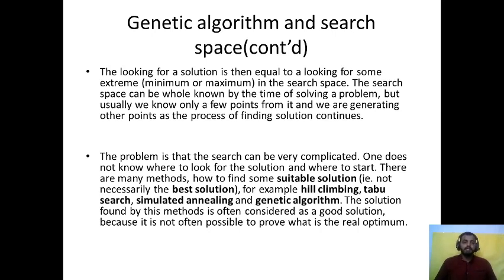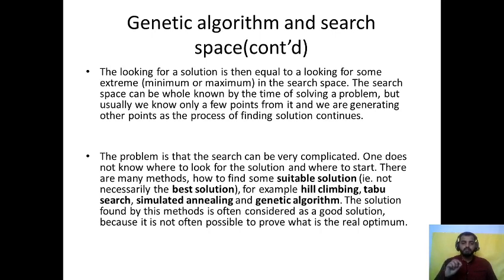The next point says the problem is that the search can be very complicated. One does not know where to look for the solution and where to start. There are many methods to find some suitable solution, that is not necessarily the best solution. For example, hill climbing, tabu search, simulated annealing and genetic algorithm.